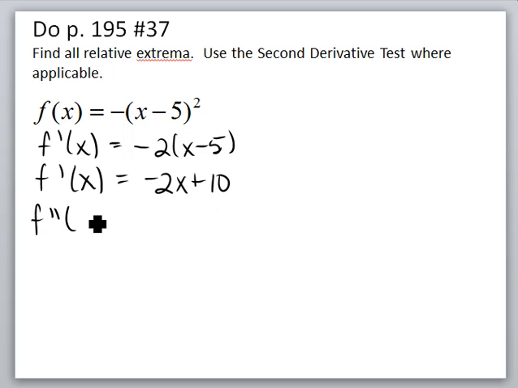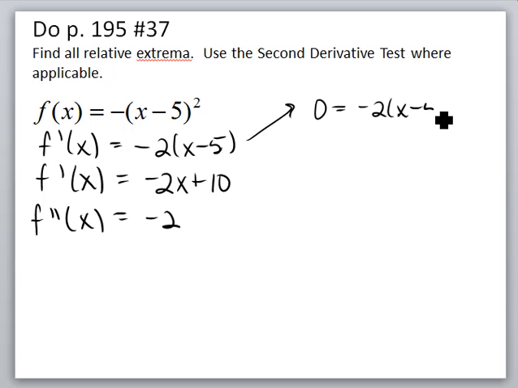Well, my second derivative just happens to be just plain old -2. This problem makes life really easy because I can then test what my critical number was. I need to go back up here and find my critical number to find out where there is relative extrema. So where is my first derivative equal to 0? Well, it's simply at x equals 5.